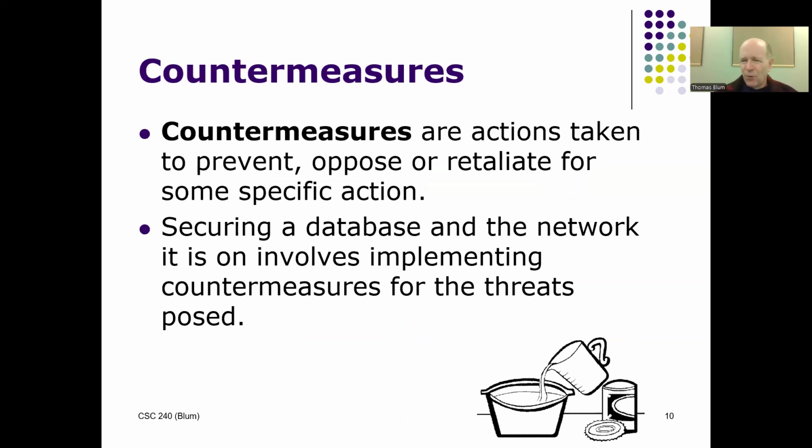So we figure out what the threats are, and then we put some action in place to prevent it, or to figure out what we will do if the situation occurs. We'd like to prevent it, but of course we should also have as part of our policy what we're going to do if there is a violation.